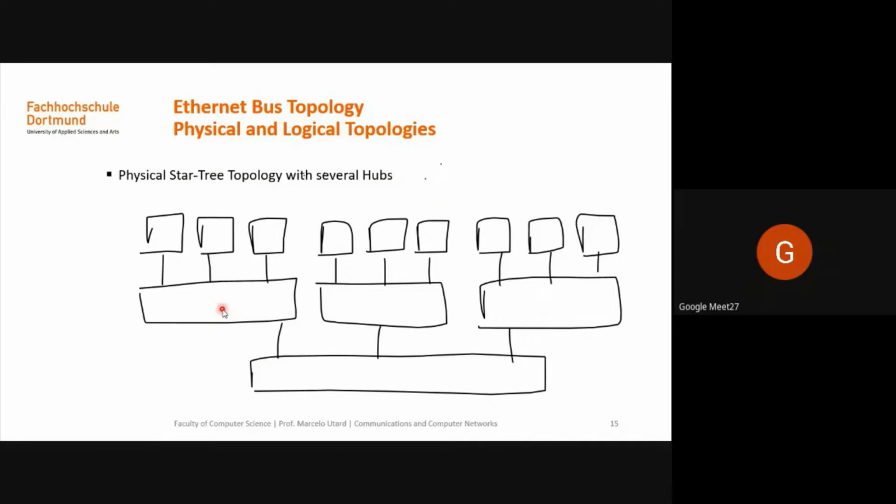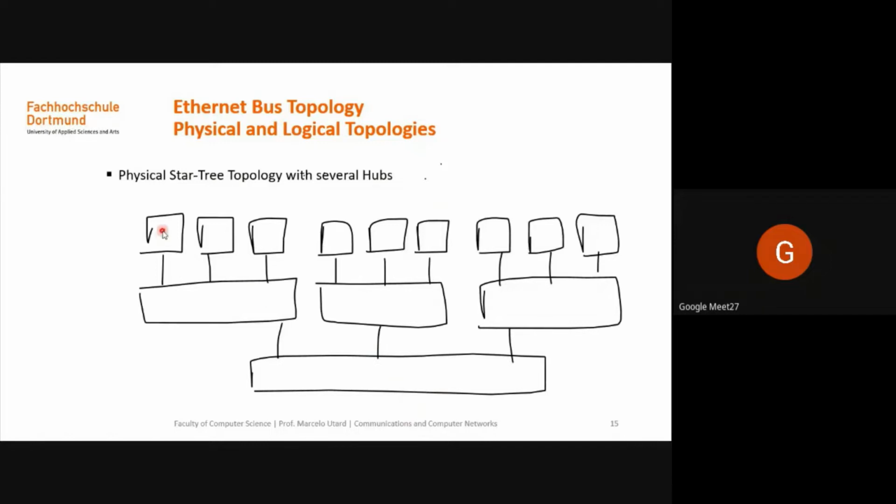For instance, in the 80s and 90s, but perhaps more in the 80s, we used a hub per floor in a building, and a hub in order to interconnect all the floor hubs across a central core hub of the building.